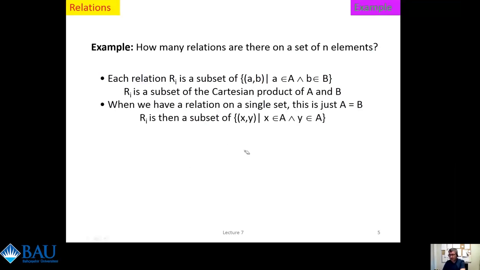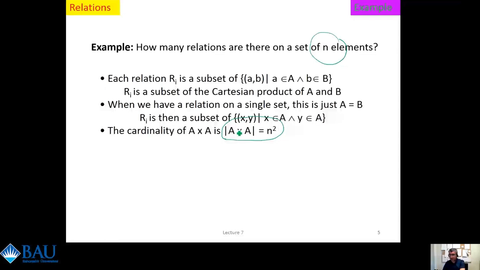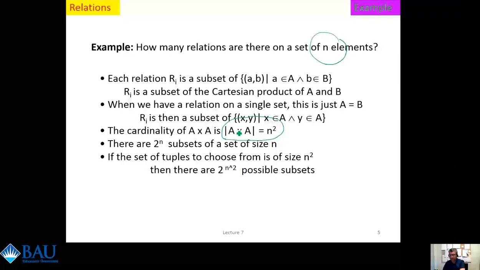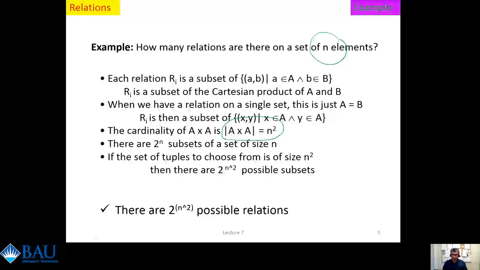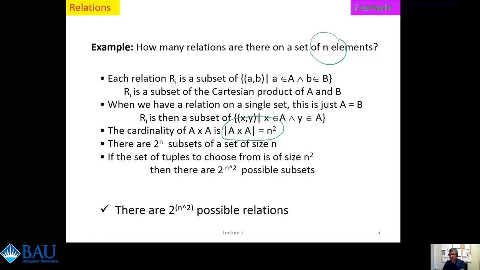So we make A cross A. Since in a set A we have n elements, in A cross A we have n square elements. To find the number of relations means how many subsets you can pick, which is 2 to the power n square. So we can define this many different relations on one set which has n elements.